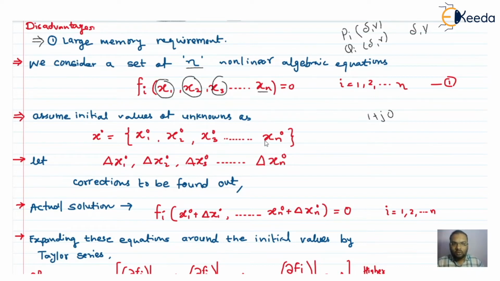Now suppose to these unknowns, to this initial assumed value, if I add a certain correction, I get the exact variable.